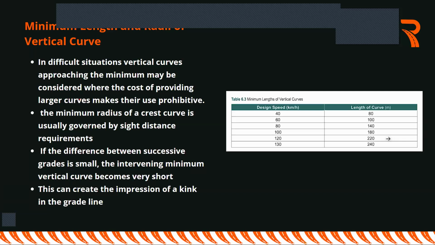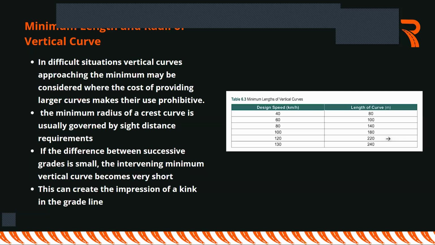I want you to see it. For a design speed of 40, we are seeing 80. For 60, it's 100. For 80, it's 140. For 130, it's 240.